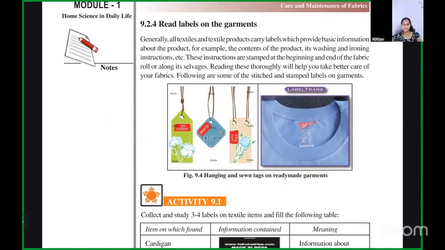Some clothes will say dry clean only or no machine wash, which means you have to only hand wash them. Or it may say only wash with warm water. Those instructions will be written on the clothes.